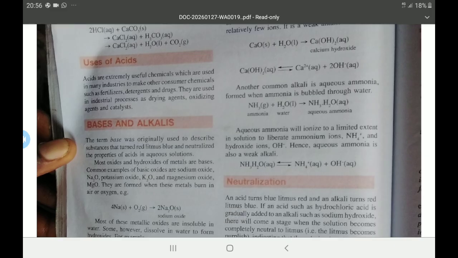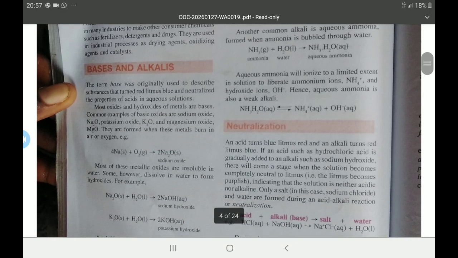Aqueous ammonia will ionize to a limited extent in solution to liberate ammonium ions, that's NH4 with a positive charge, and hydroxide ion. Hence, aqueous ammonia is also a weak alkali.